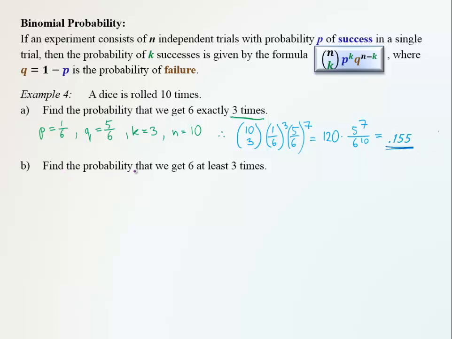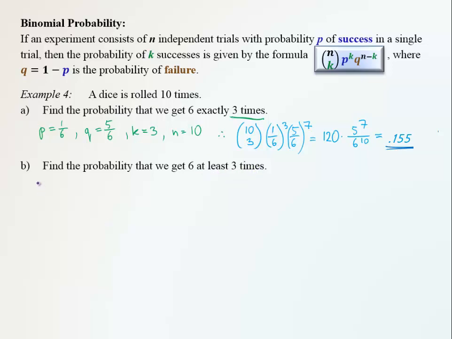Now let's find the probability that we get 6 at least 3 times. Not exactly 3 times, but at least 3 times. That means we will have to find out what is the probability of getting it 3 times and 4 times and 5 times and 6 times. Well, it's a lot easier to calculate the remaining probability of getting it less than 3 times.